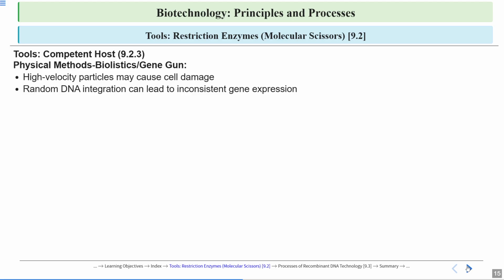In microinjection we are very precise about where we inject our recombinant DNA, but here random DNA integration can lead to inconsistent gene expression. It is widely used in crop genetic modification, such as in wheat and corn. We are going to study these wheat and corn examples in the next chapter.